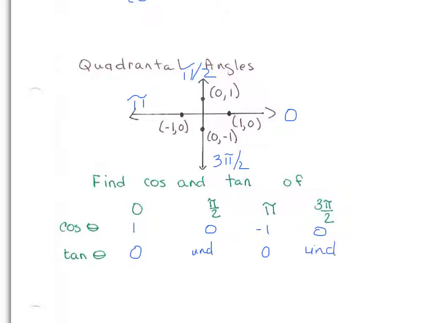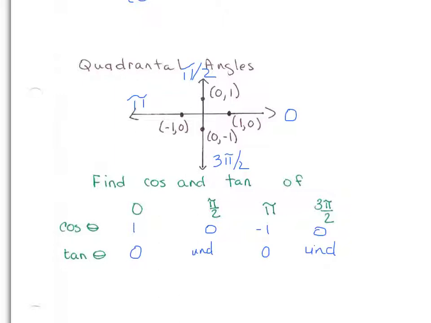You could find any of the trig functions of these. They are called quadrantal angles because they lie on the axis. So a quadrantal angle lies on either the x-axis or the y-axis, and that would be your 0, pi over 2, pi, 3 pi over 2, or 0, 90, 180, 270. So those are your quadrantal angles.